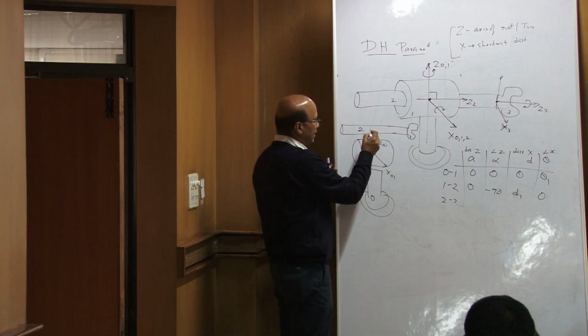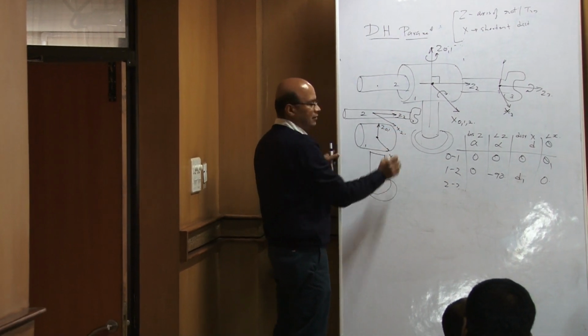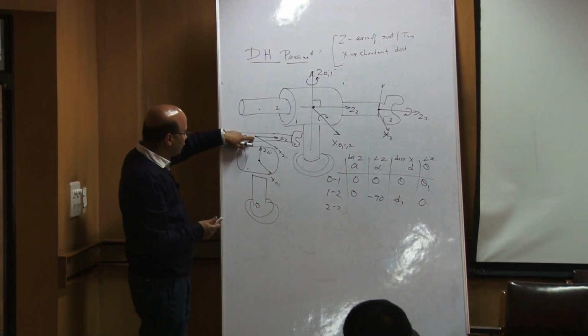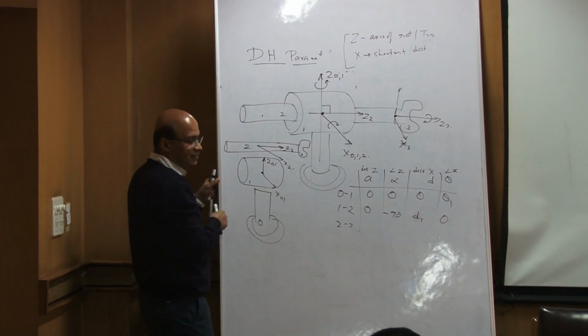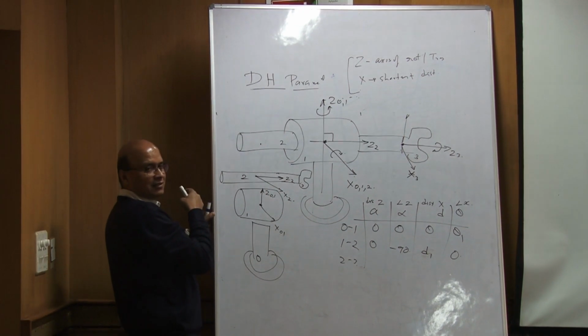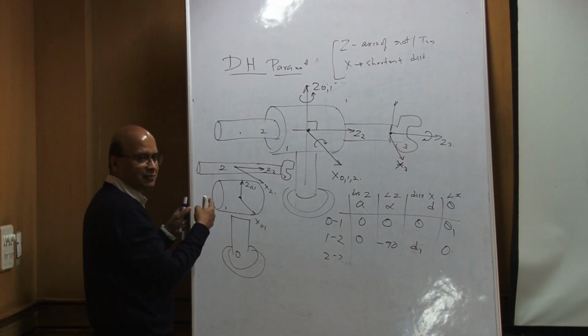Now Z2 is actually on this link. Z2 is here, and X2 is there. So Z2 and X2 are on this link now. When it moves like that, what will change? The origin will go that side, it will come this side. That means the distance between X1 and X2 will change, if you can visualize.